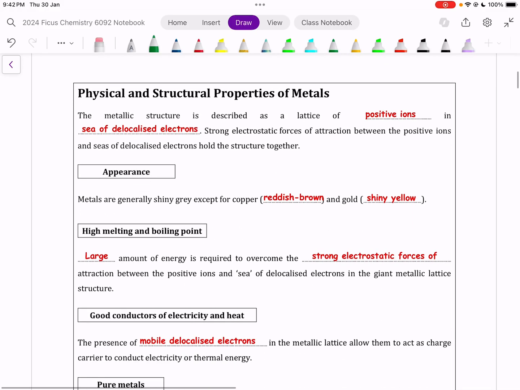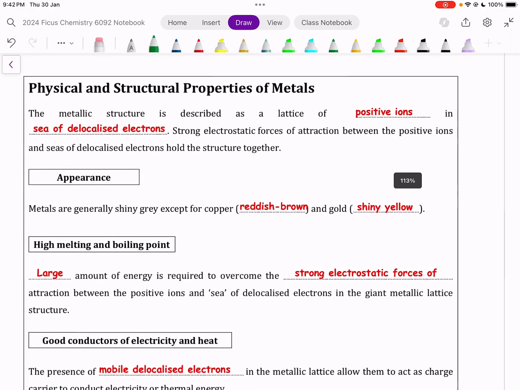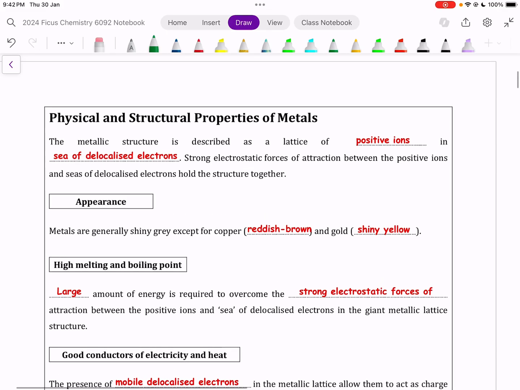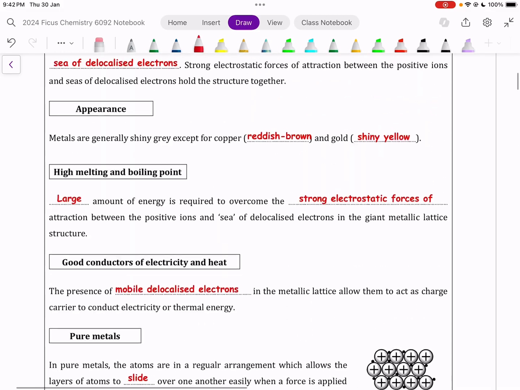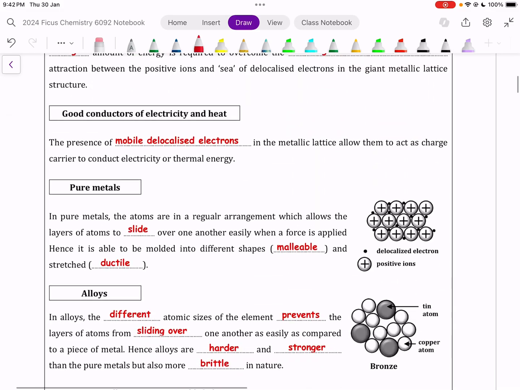So for the very first part is a recap on metallic bonding that we have learned last year, plus alloys. I think there should be nothing very new. So just a recap on how metallic bonding looks like.